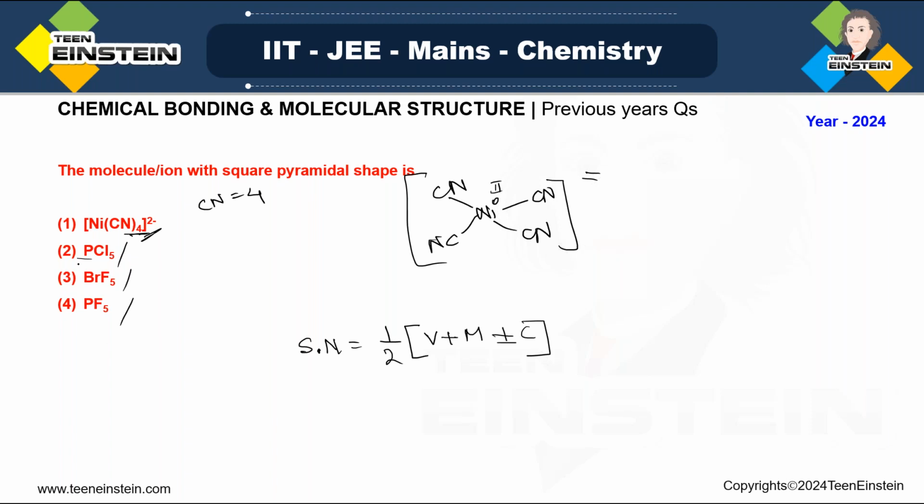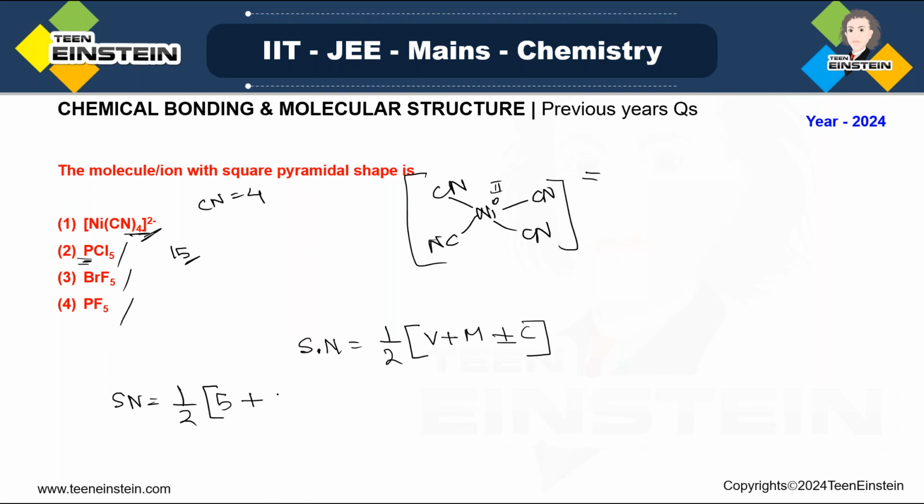Now for PCl5, phosphorus is the central atom. So for phosphorus, if we consider the steric number, valence electron is total 5 because it is from group 15, and group 15 means the last digit is basically the valence electron. Number of monovalent atoms attached: chlorine is a monovalent atom here. There is a single bond between P and Cl, not double bond.